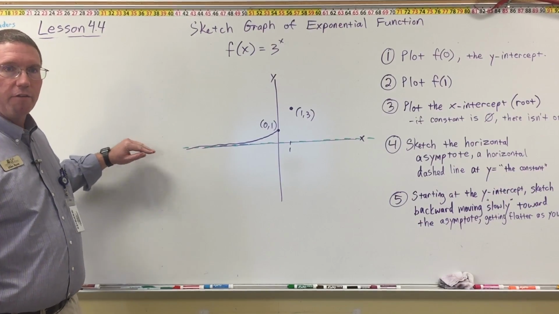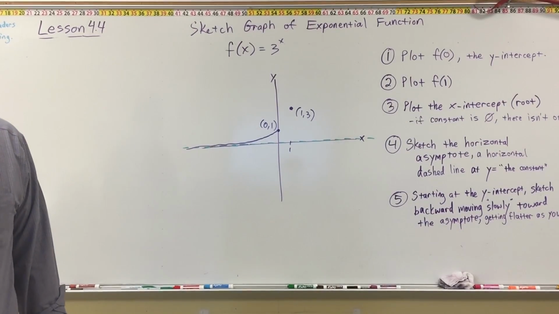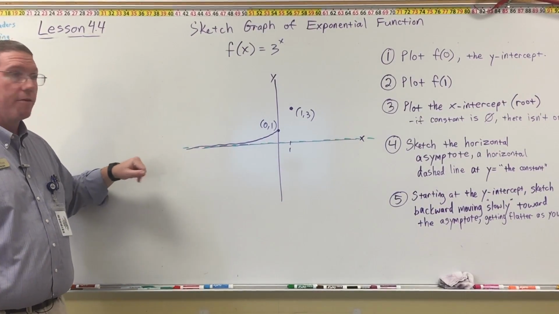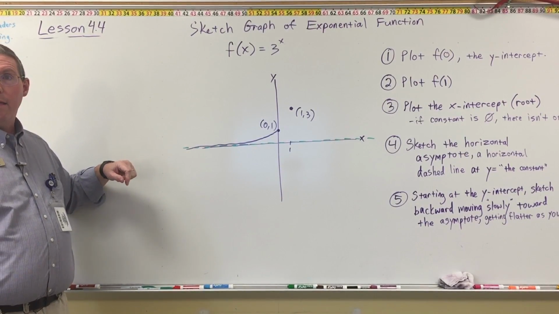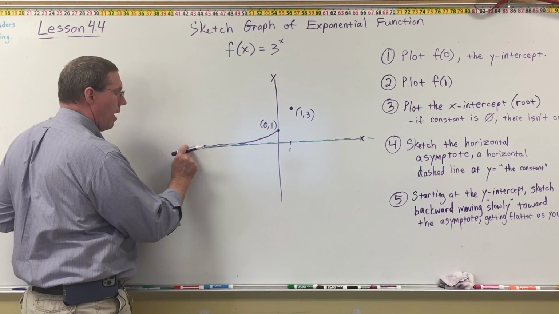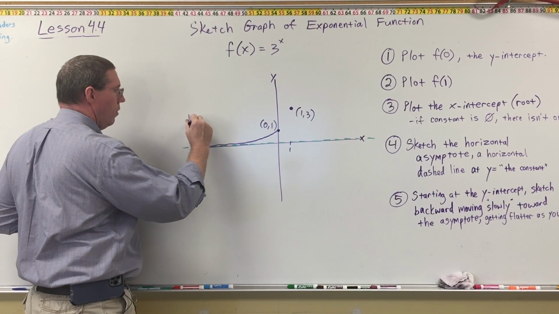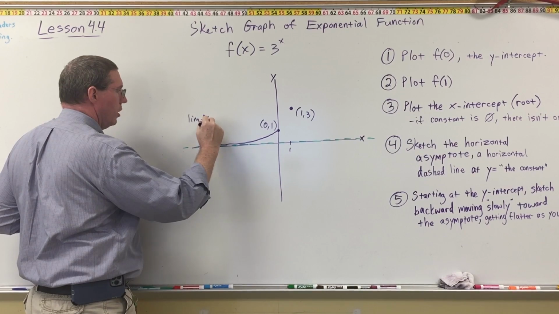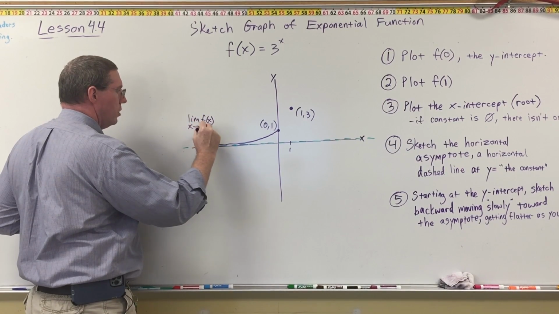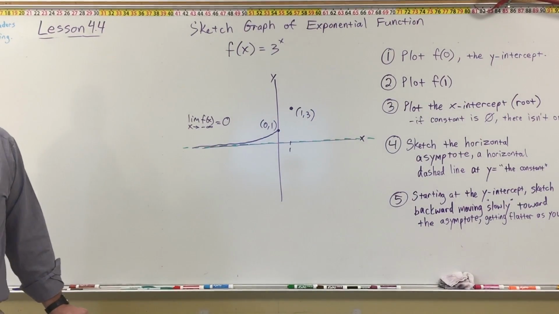It's just going to get flatter and flatter, more and more minuscule. But it's still always going to be a positive number. This is the limit as x approaches negative infinity. So the limit of the function as x approaches negative infinity is 0.